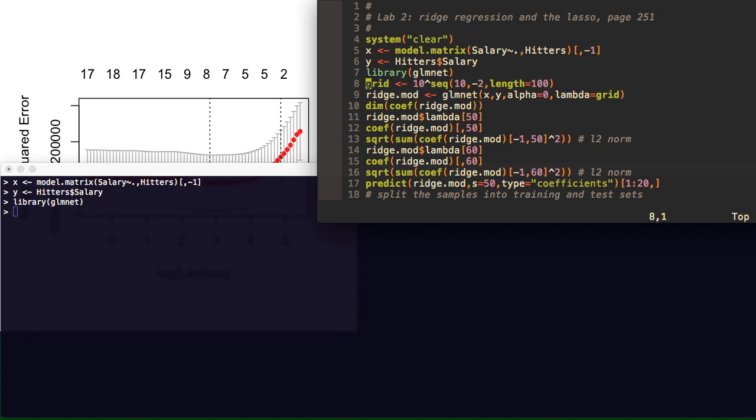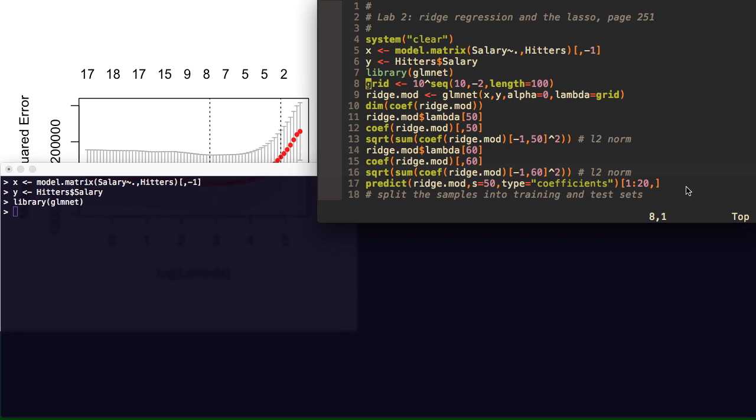We split the data set up, so we put the response variable in Y and the predictors in X. So we create a matrix of predictors and a vector of responses to start with.